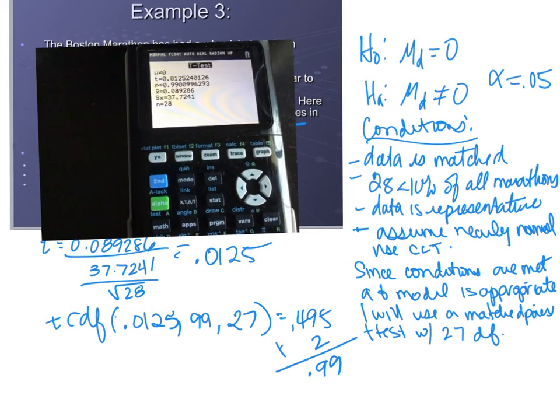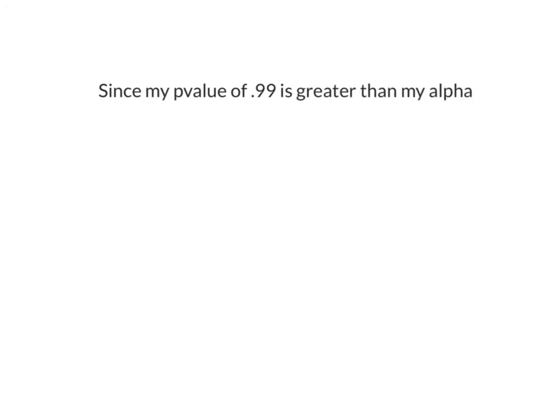Okay, and so we write our conclusion. Getting redundant yet? We should be really good at writing these conclusions. Since my p-value of 0.99 is greater than my alpha of 0.05, I fail to reject the null hypothesis.